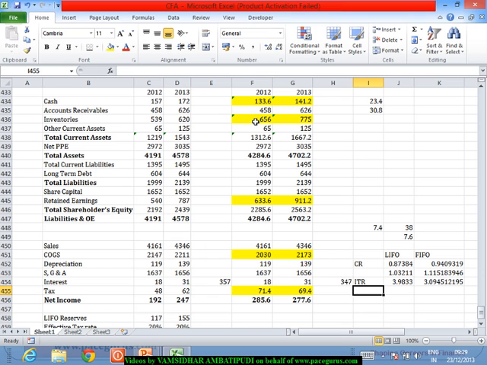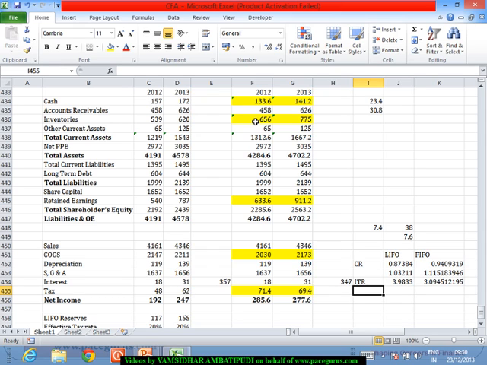One way to look at it is the cost of goods sold. In case of rising prices, the cost of goods sold will be lower in case of FIFO, whereas the inventory will be higher. So numerator lower, denominator higher, both of them are going to decrease.